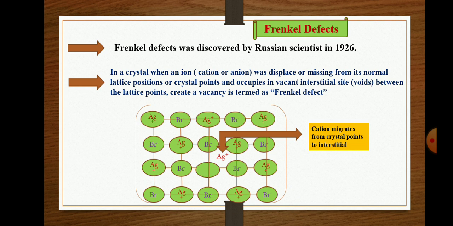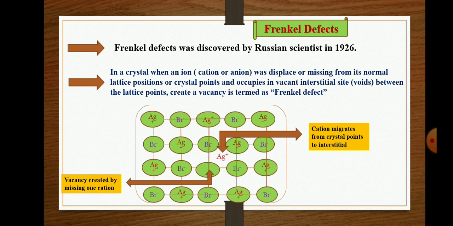But due to some condition, the silver atom, you see that, was displaced or missing from its normal lattice position or crystal points. So you have to see that the silver atom is missed from its normal position and occupies the vacant interstitial site, that is voids in between the lattice points.